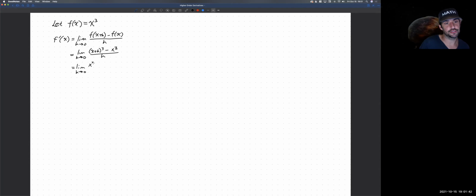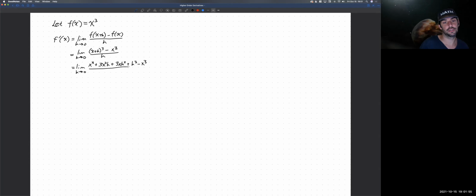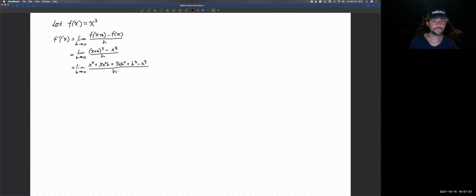So what is this? X cubed plus 3x squared h plus 3x h squared plus h cubed minus x cubed all over h. These x cubes will cancel.